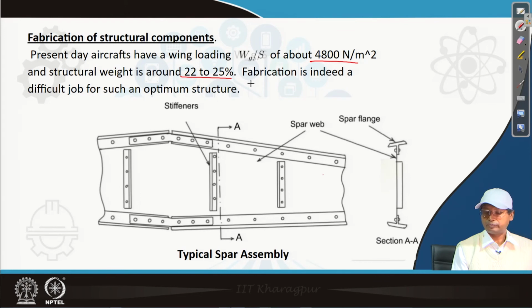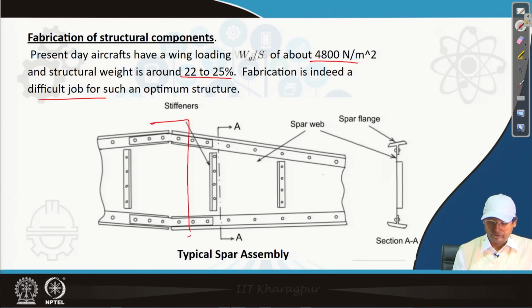Fabrication is indeed a difficult job. If you look at it, the spar, this is the junction inside, or in some cases inside the fuselage; in some cases this junction is not present. In small aircraft, this type of junction is present inside the aircraft.